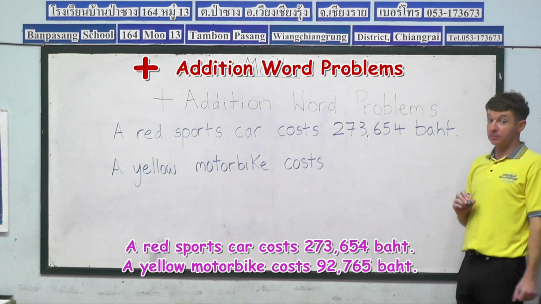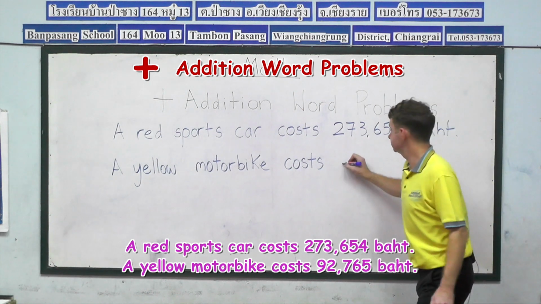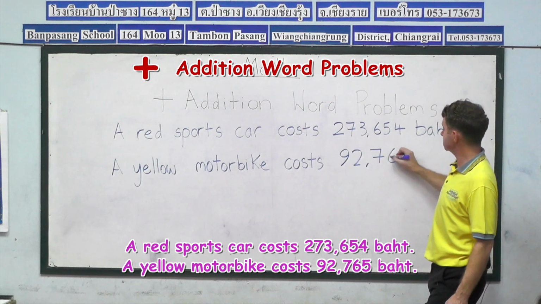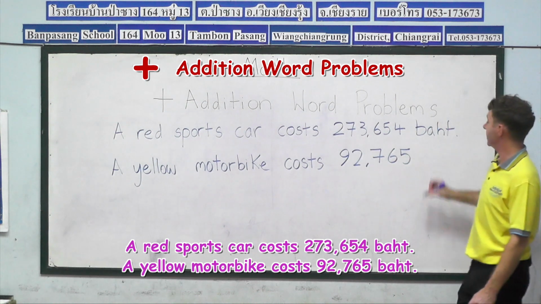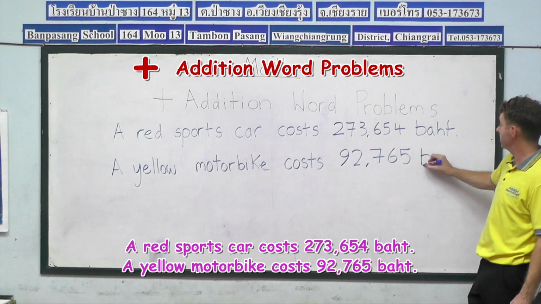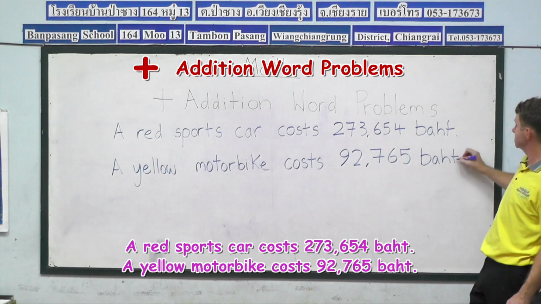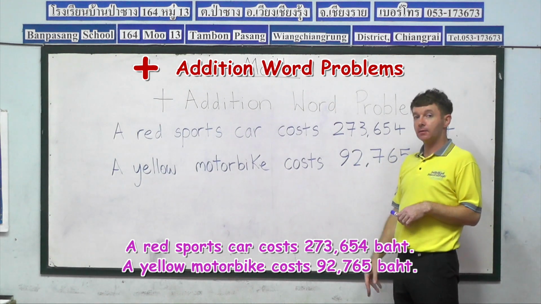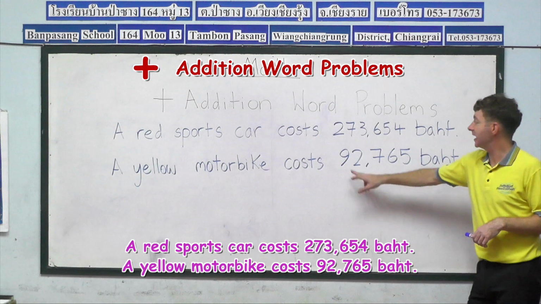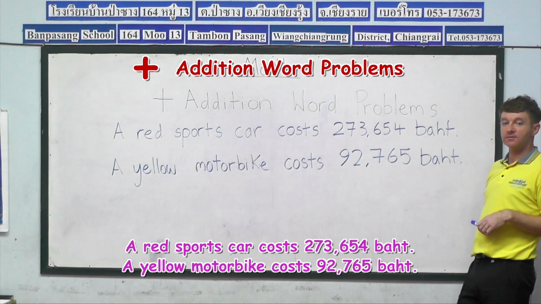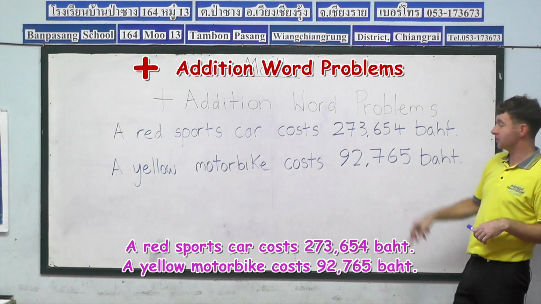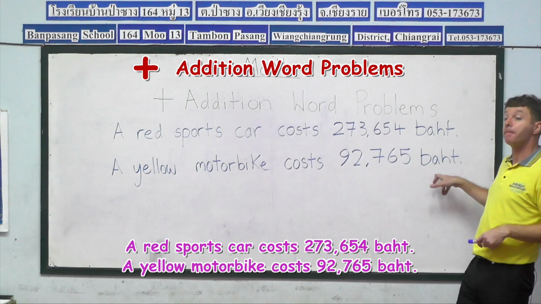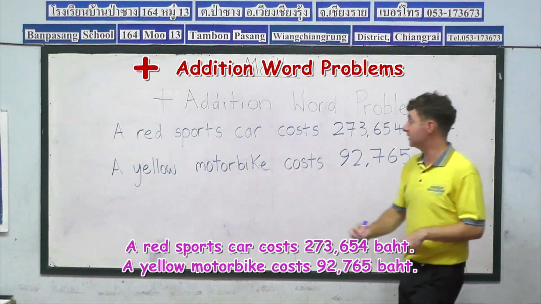And then some more numbers, please, guys. 9, 2, 7, 6, 5. Okay, and then baht, B-A-H-T. A yellow motorbike costs 92,765 baht. So then we need our question.